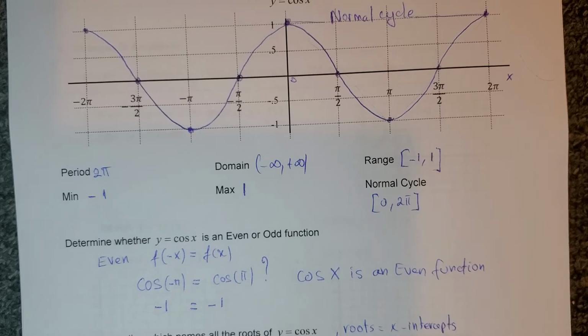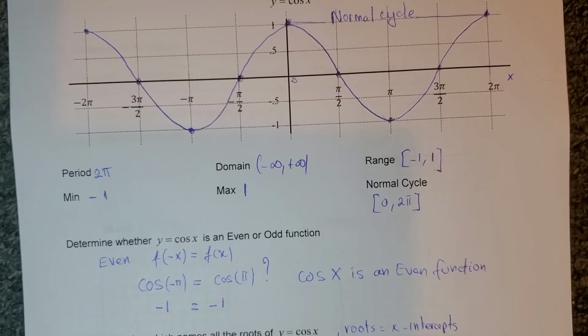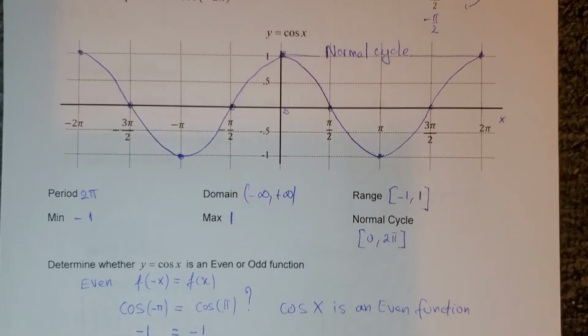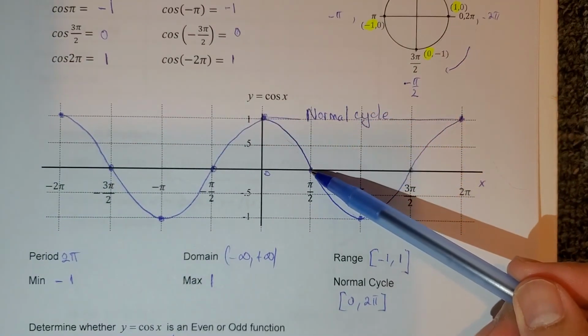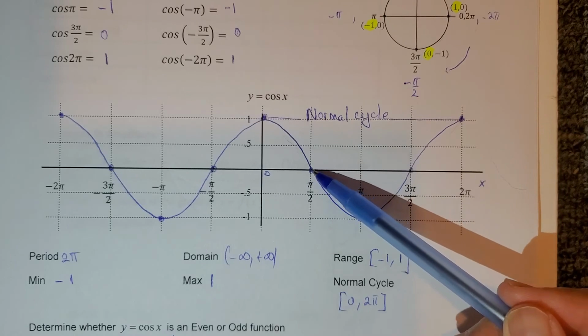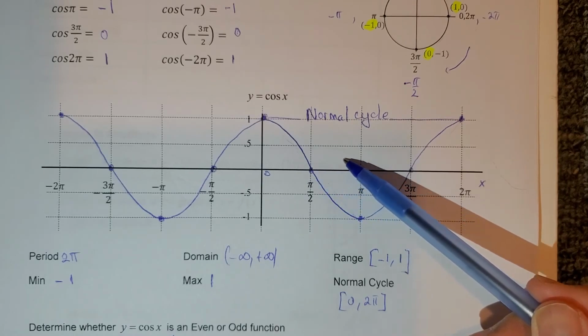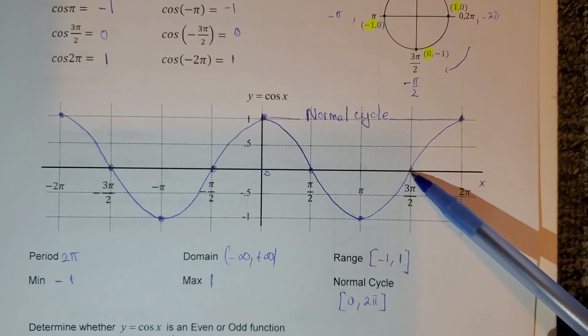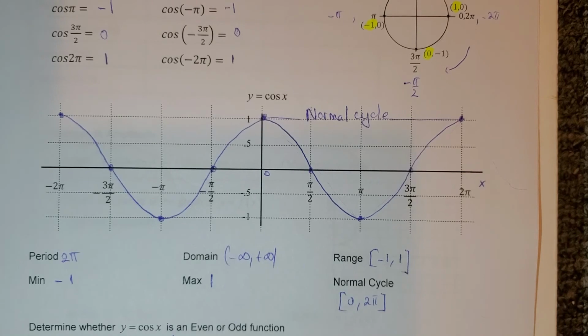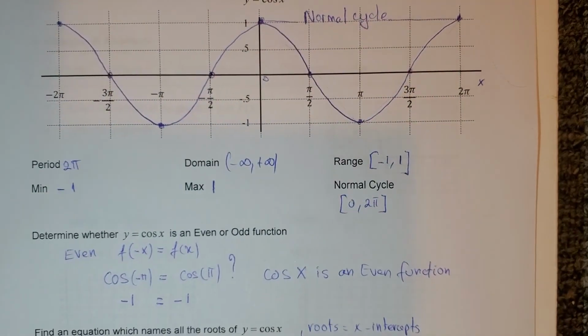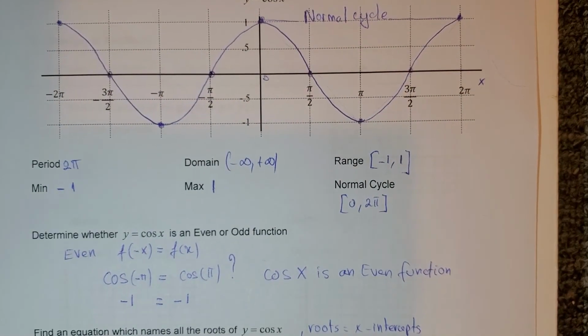If you look at your graph here, I know that it is 0 at pi over 2. If I want to add something to get to the next point and repeat the pattern, how do we do that? I'm going to start at pi over 2, which is one of the x-intercepts, but we want to find all of them.